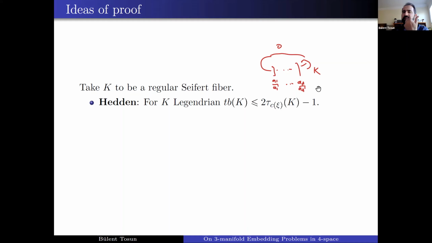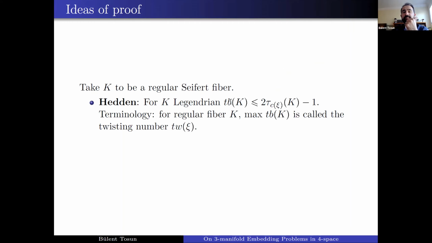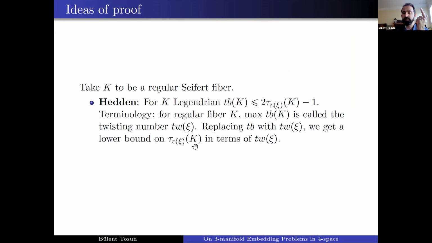Instead of measuring contact framing with respect to Seifert framing, we would like to measure contact framing with respect to the fiber framing. So you do that, and you get a lower bound for the contact tau in terms of the twisting number. Okay.